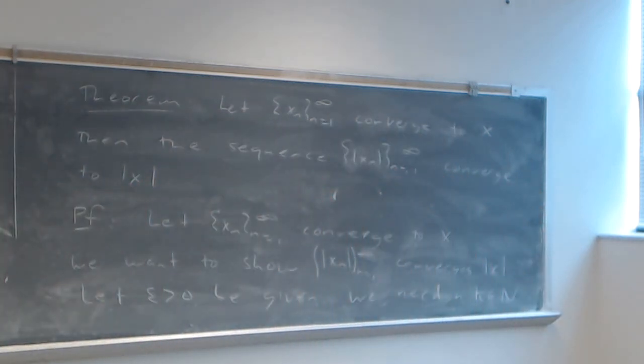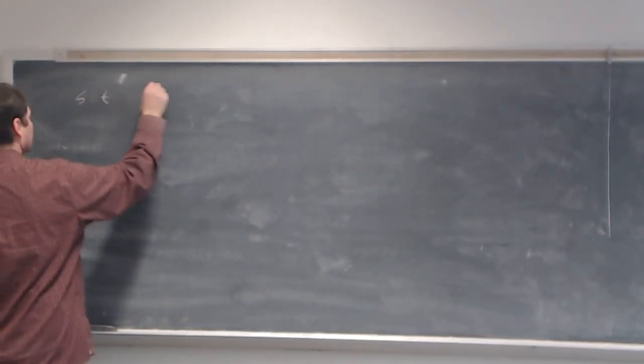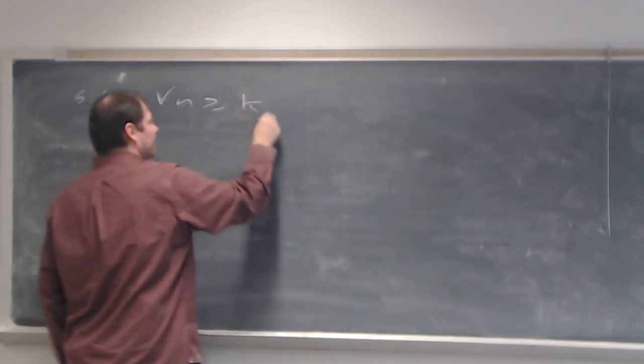We need k an element of the natural numbers so that something happens, such that for all n bigger than or equal to k.